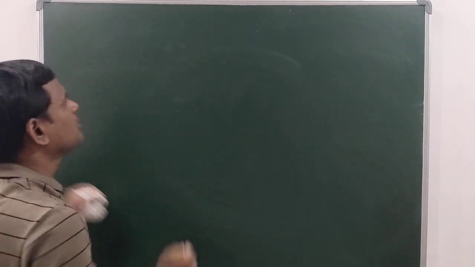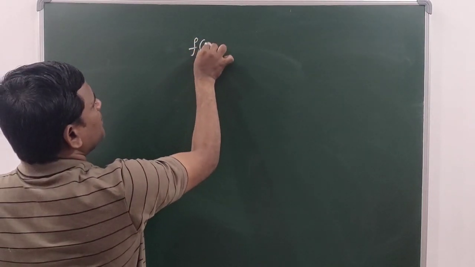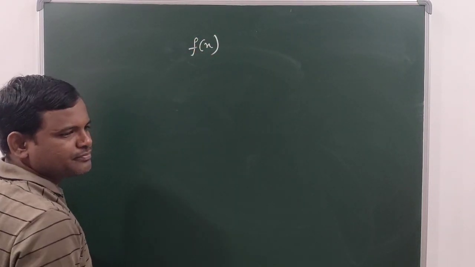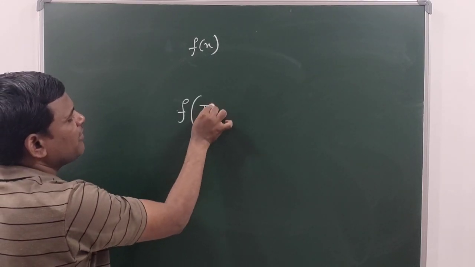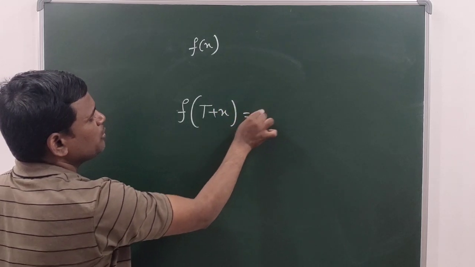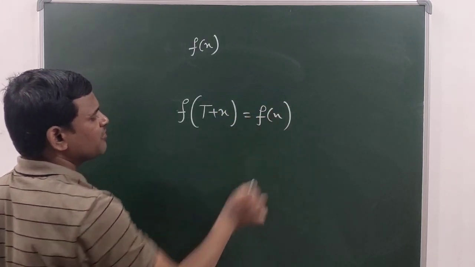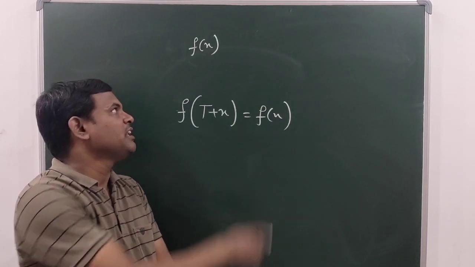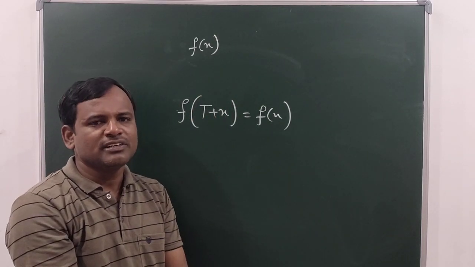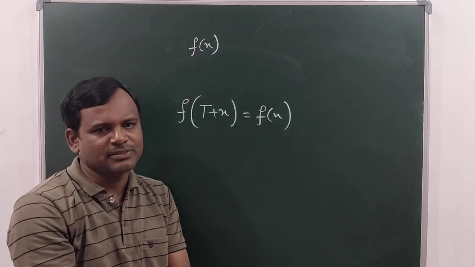See here, f of x is the name of the function. Suppose a function satisfies f of t plus x is equal to f of x, then that function is known as a periodic function. f of x is one function. That function can be any function.